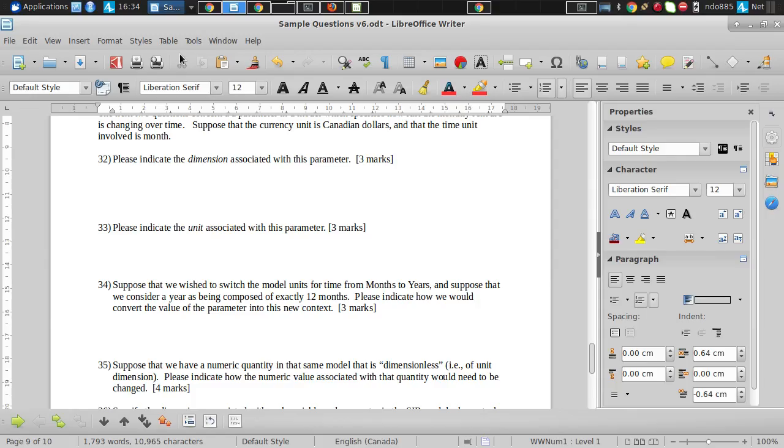And so what I was asking here is, if we have a numeric quantity in the model that's dimensionless, how would its numeric value change if we change time units, like from months to years? And the answer is that it would not have to change.